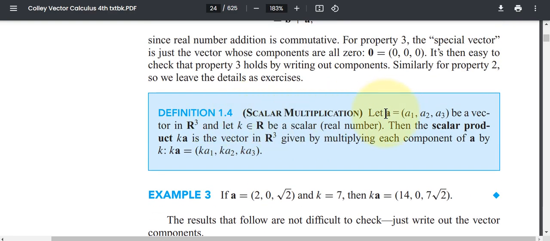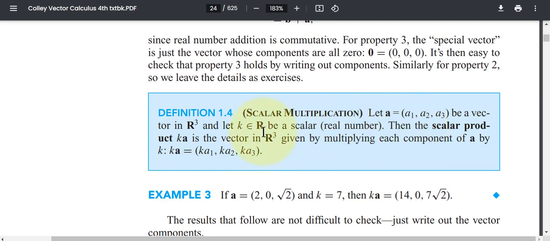They say, suppose we have this vector, it's in R3, and we have k, which is just a number. I mean, this is just a number called a scalar, or real number. Then the scalar multiplication, k times a, is a vector in R3.